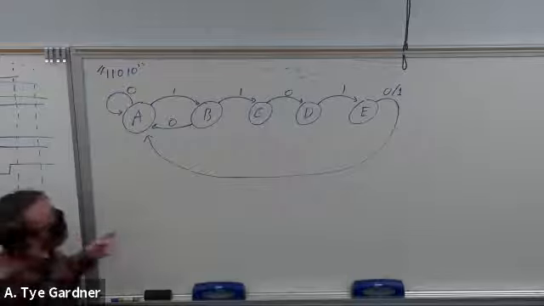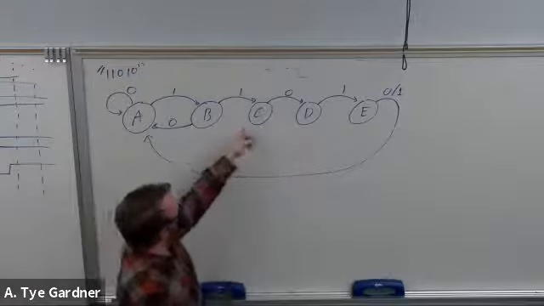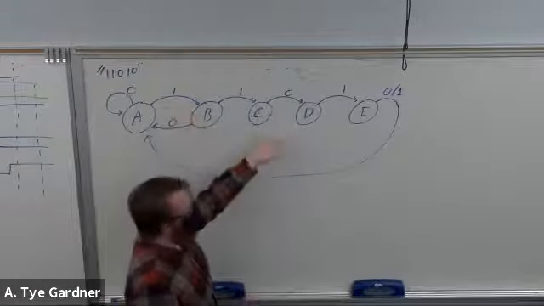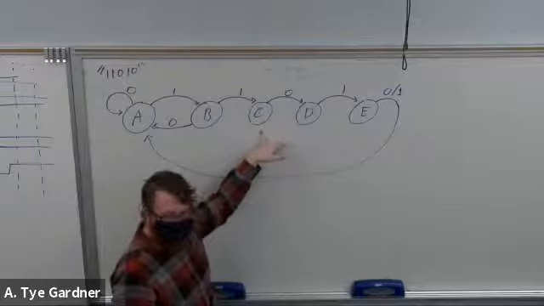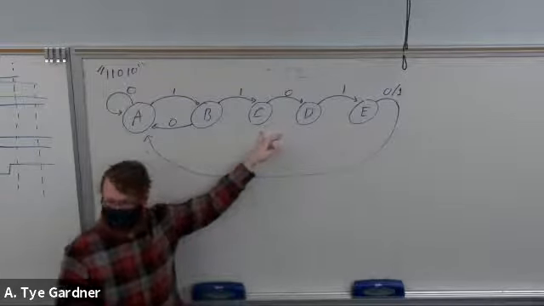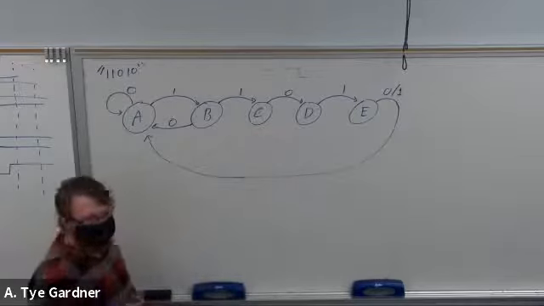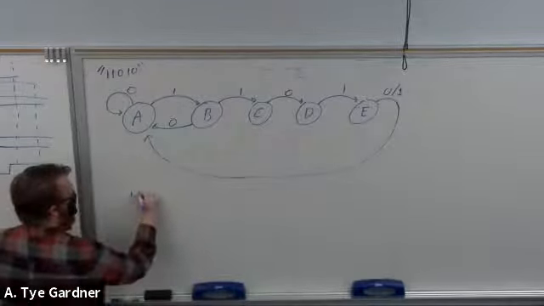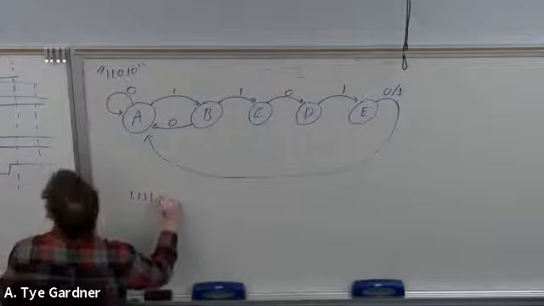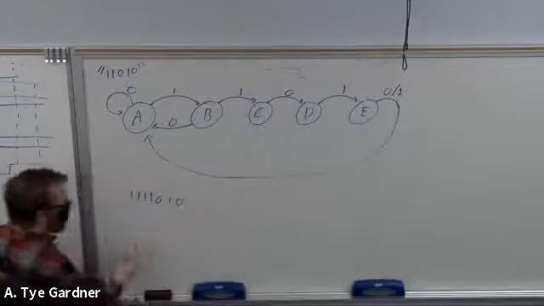But if I'm in C, I went 1, 1, and I see another 1, where do I go? I stay at C. Because think about the sequence 1, 1, 1, 1, 0, 1, 0, right?